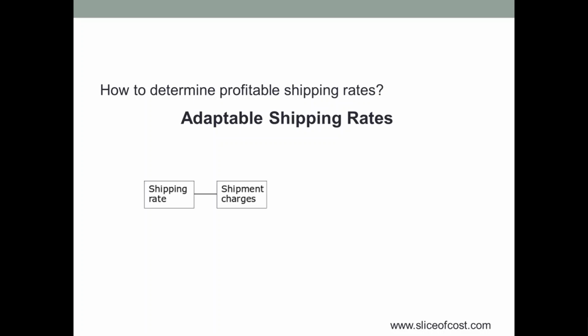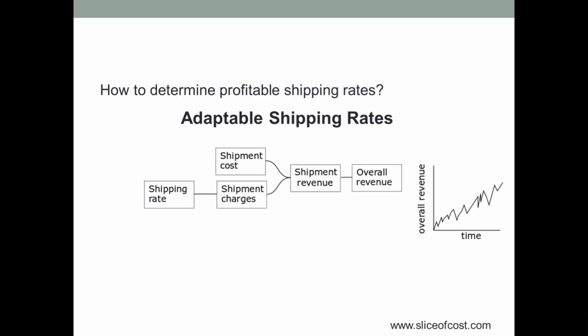We know that shipping rates determine the charges to the client for each shipment in a given area. If we know the shipment cost, then we can calculate the shipment revenue. Keeping track of the accumulated shipment revenue over time tells whether the shipping rates lead to profit or loss.